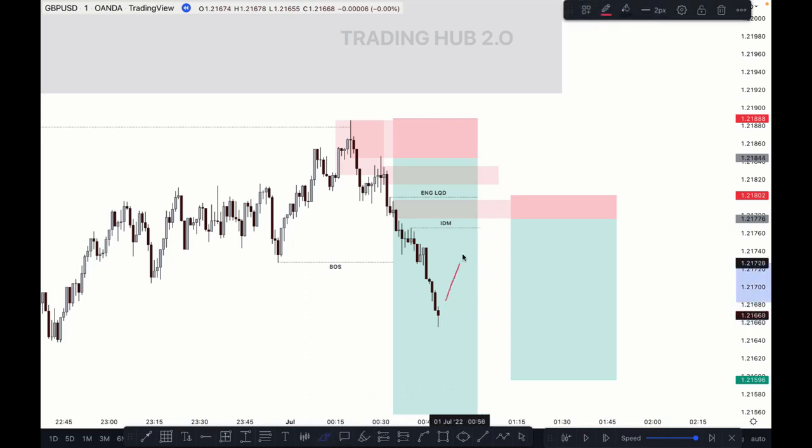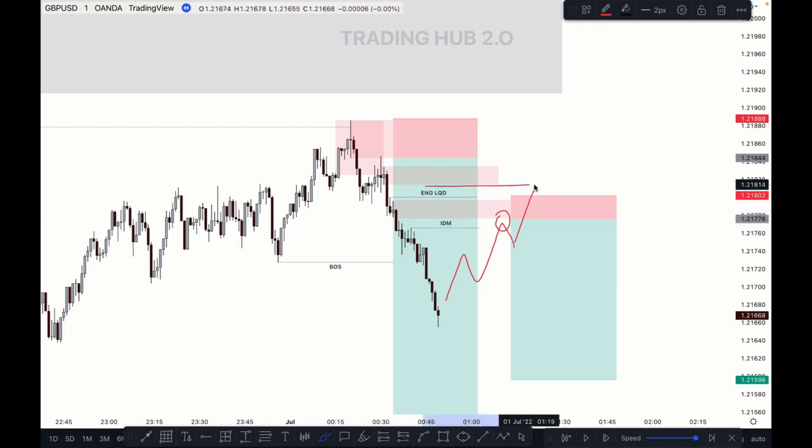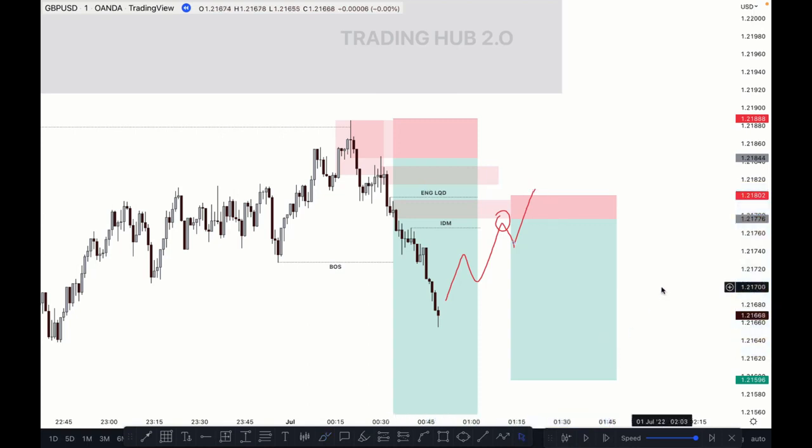There is a 50% chance the market mitigates here and then pushes downside. But maybe the market gives some reaction and then pushes higher to mitigate this and then pushes downside, because both scenarios are possible. So you have to wait for the confirmation.